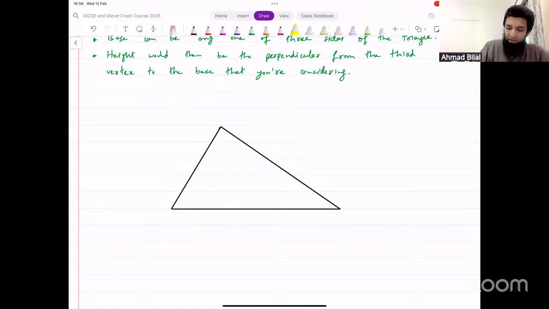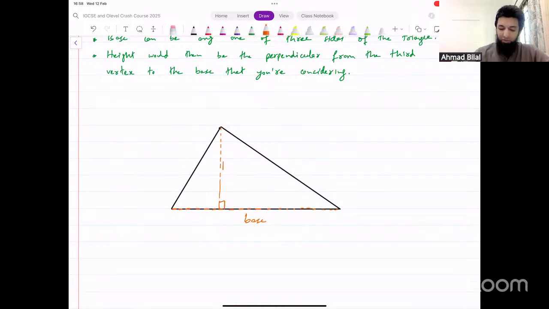If we consider this horizontal side as the base, in that formula, half into base into height, then what is the height going to be? Height is going to be the perpendicular that comes from the third vertex to the base.